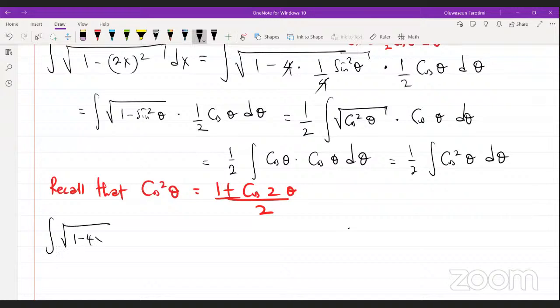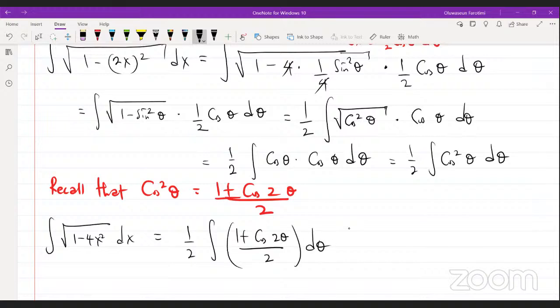So this is what we're actually solving: a 1/2 integral of (1 plus cosine of 2 theta) over 2 d theta. 1/2 is common on the bottom, so you can pull it up front. You have 1/4 integral of 1 plus cosine of 2 theta d theta.